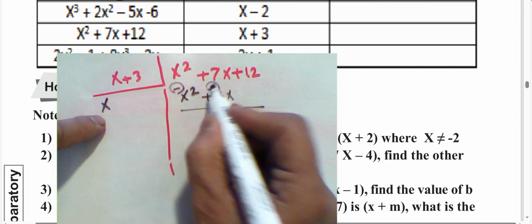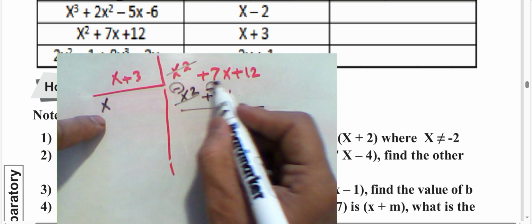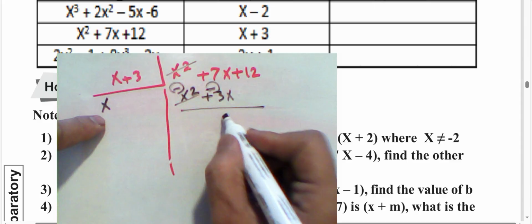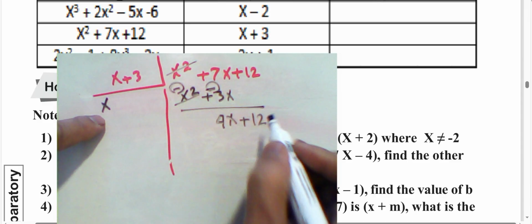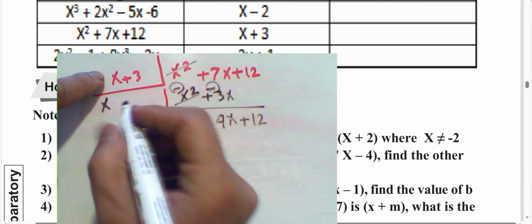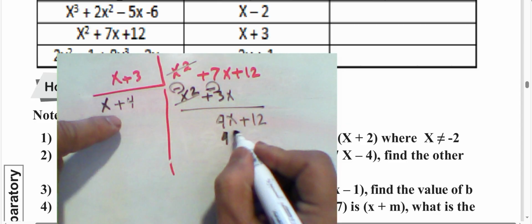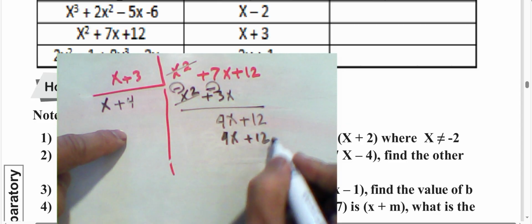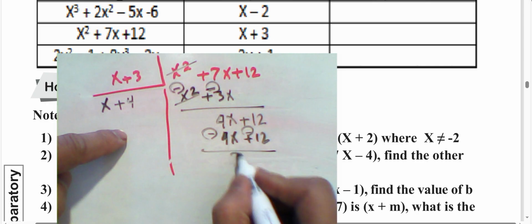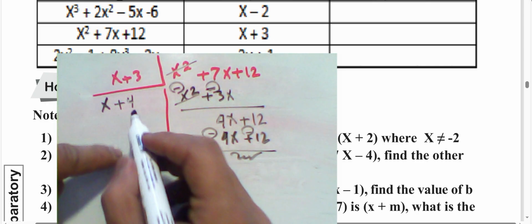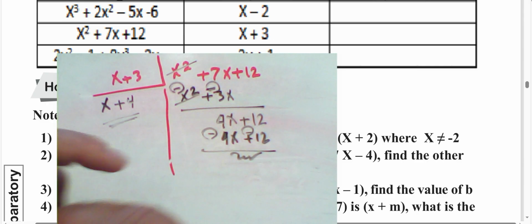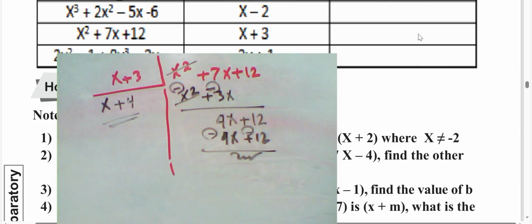Write negative and find the difference between them. 7x minus 3x equals 4x, and then 4x divided by x equals 4. Now I will multiply 4 times x, it will be 4x, 4 times 3 equals 12, and then find the difference between the two numbers. Then the quotient will be x + 4.